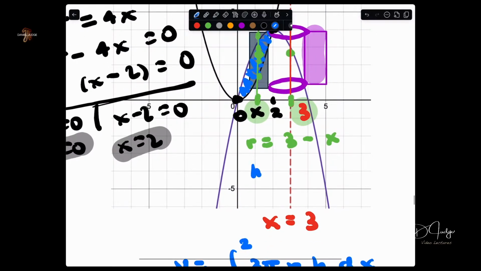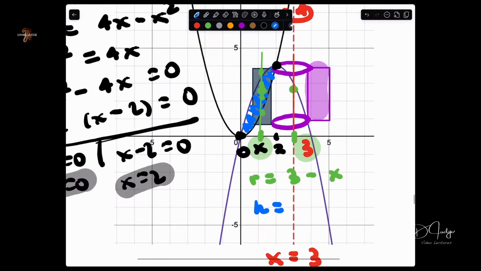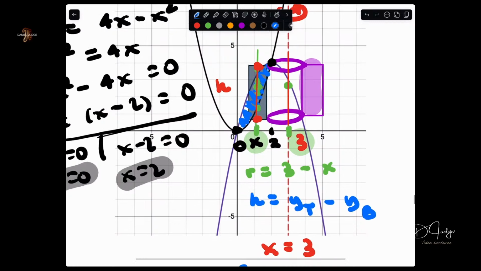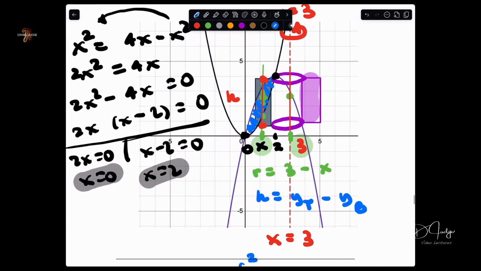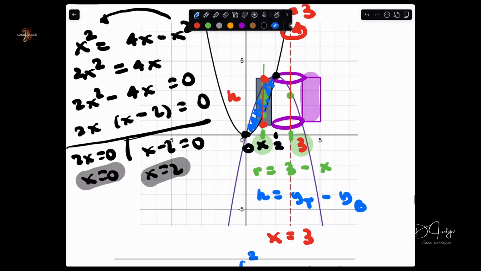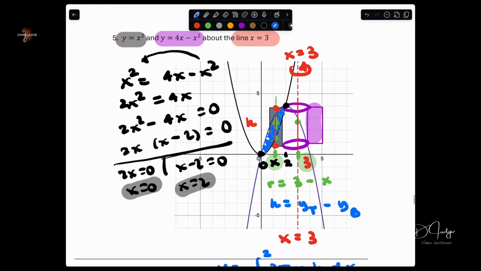The height on the other end is now going to be how tall? What's the height now? This distance here is the height. Your height now is going to be the top curve minus the bottom curve, and they're both in terms of y. So that's going to be y top minus y bottom. We just have to determine which is the top curve. It's the parabola that opens down, and the bottom curve is the parabola that opens up. So the one that opens down is purple.